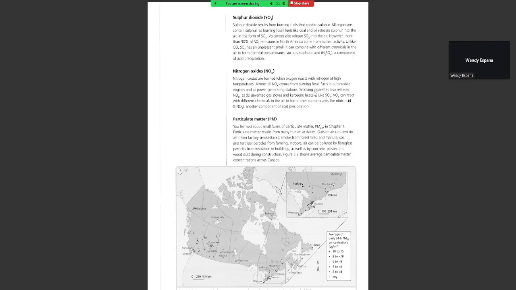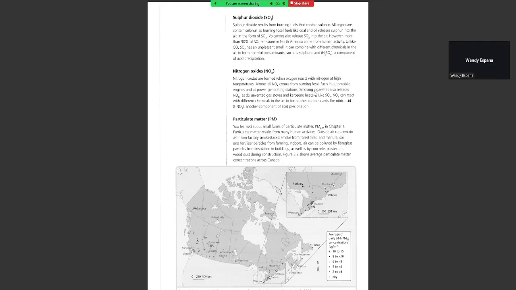And we talked a lot the other night about acid rain and all of the effects it can have on ecosystems. Nitrogen oxides, remember there's NO, NO2, NO3. It's formed when oxygen reacts with nitrogen at high temperatures. Remember, most of the room you're sitting in is filled with nitrogen. And so when you burn a fossil fuel, nitrogen oxides, NO, NO2, NO3, can be produced.